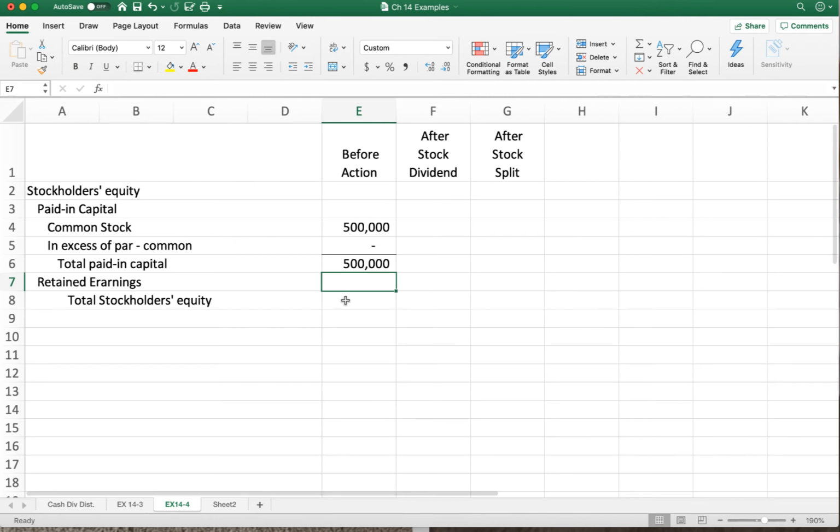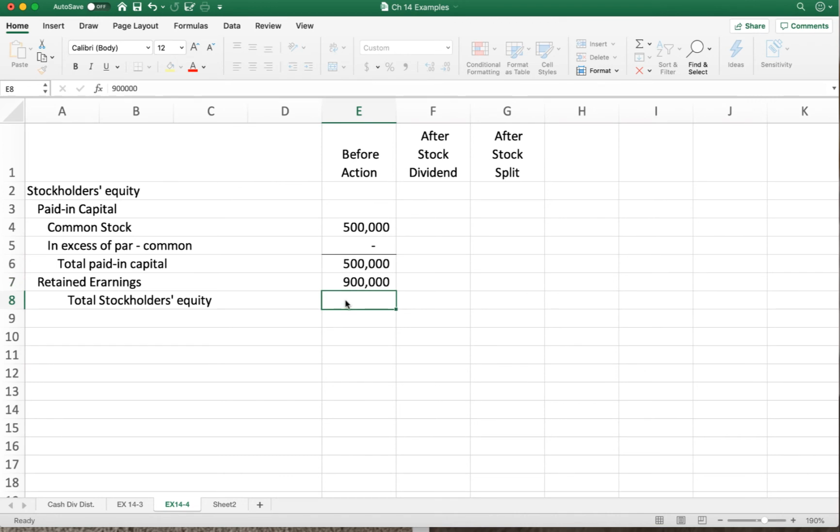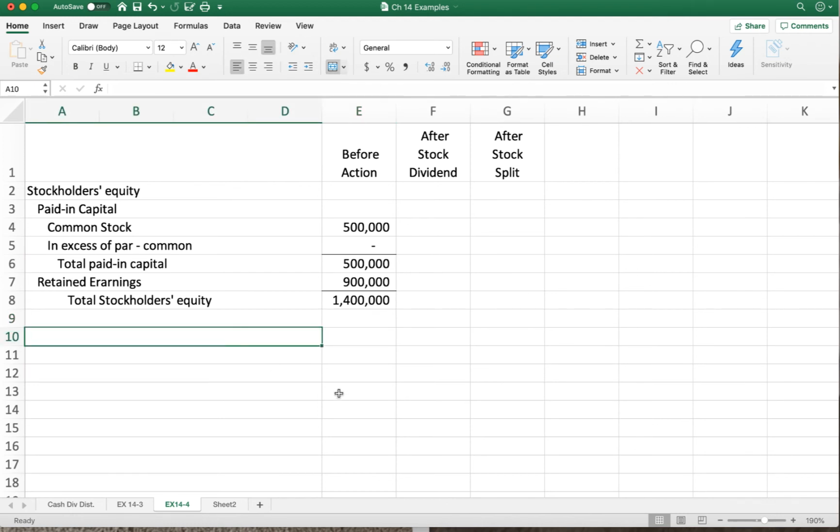They tell us that the retained earnings at this point in time is $900,000. So that must mean that our total stockholders' equity section has to be valued at $1,400,000.